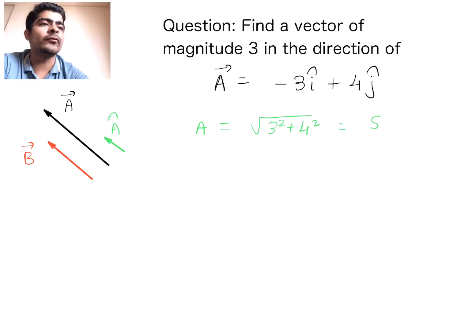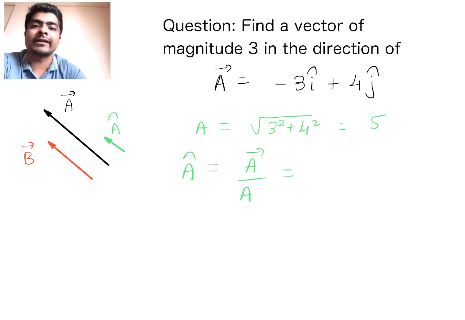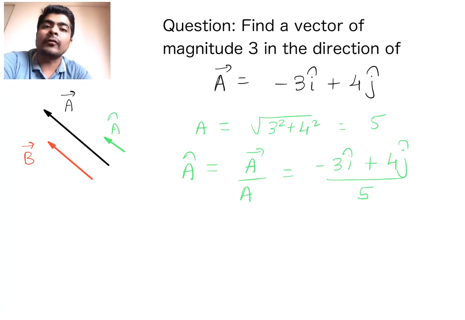So that will be equal to 5. Magnitude of a vector is 5. Then you could write down a cap will be equal to a vector divided by a. So you will get minus 3 i cap plus 4 j cap divided by 5. You found a cap. Now how to find b vector?